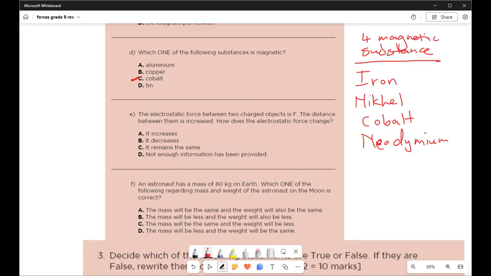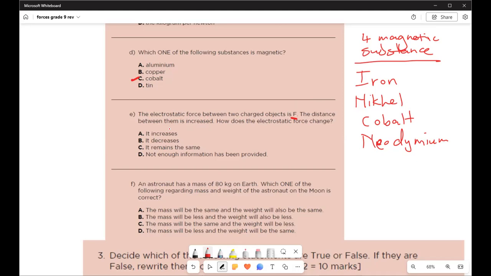Perfect. The electrostatic force between two charged objects is F. The distance between them is increased. So obviously, this is a field force, right? The more the distance is increased, the weaker the force becomes, because those objects are far away from each other.